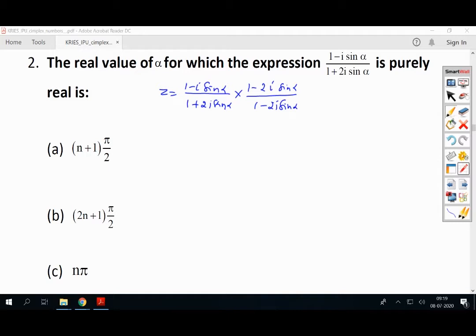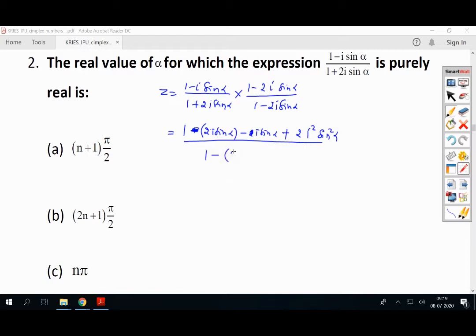That is 1 squared, plus minus 2i sin alpha, again minus 2i sin alpha, then minus into minus is plus, so again 2i squared sin squared alpha, divided by (1 minus 2i sin alpha) whole square.